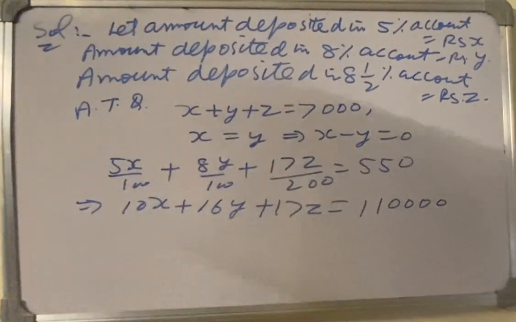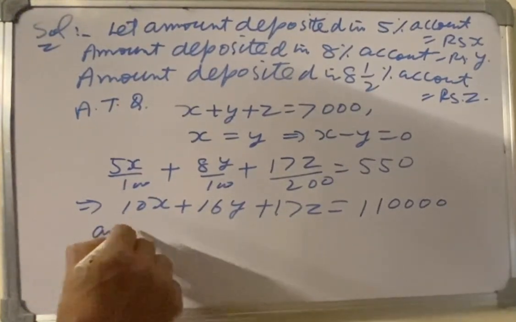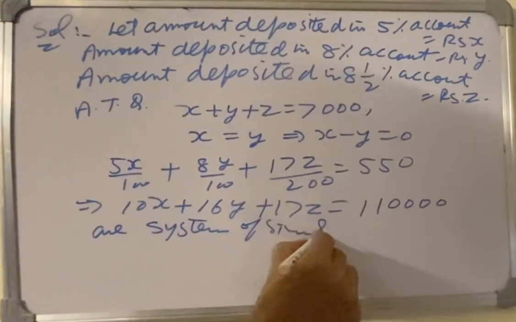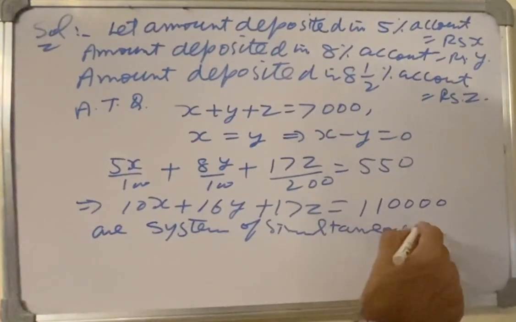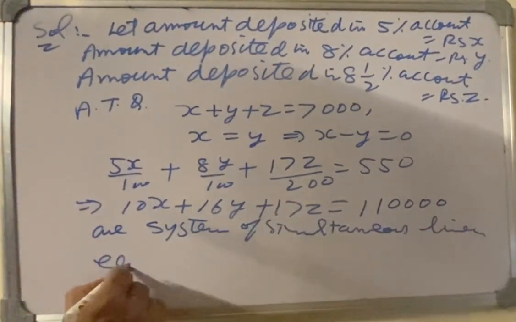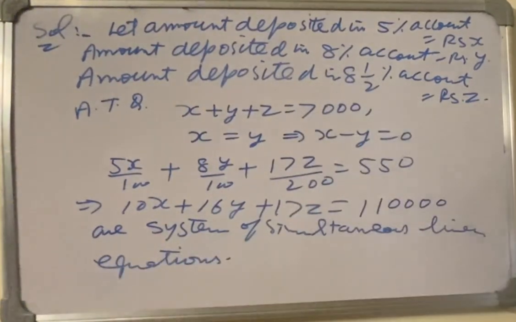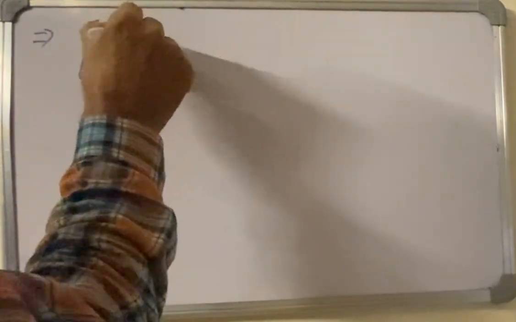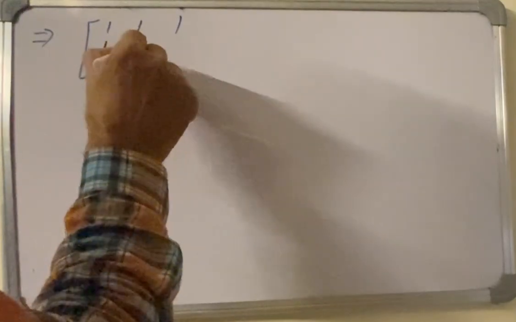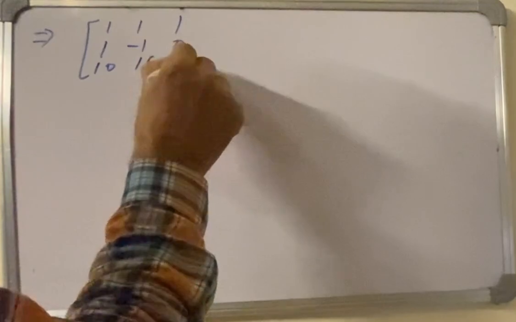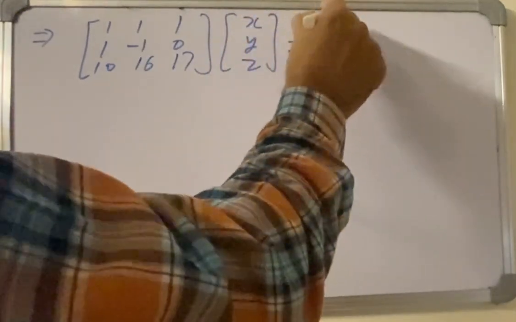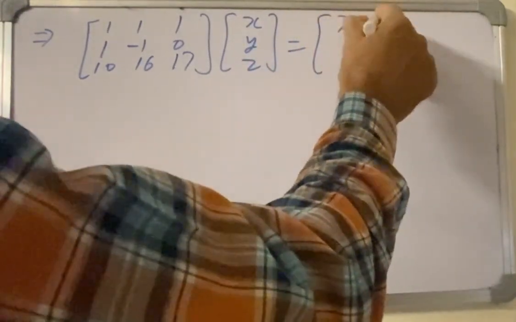Therefore, these are a system of simultaneous linear equations, which is equivalent, in the matrix form, to: the matrix 1, 1, 1; 1, minus 1, 0; 10, 16, 17, into the variable column matrix, is equal to the constant column matrix.